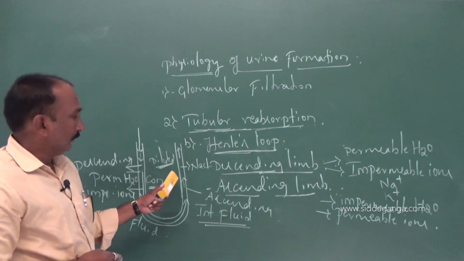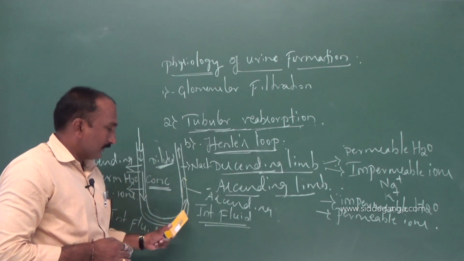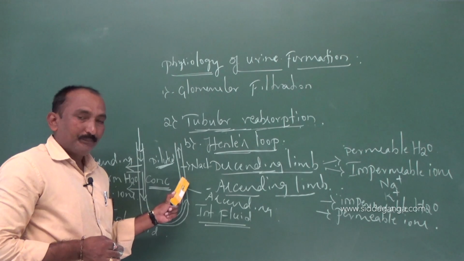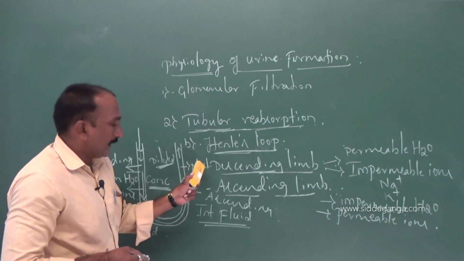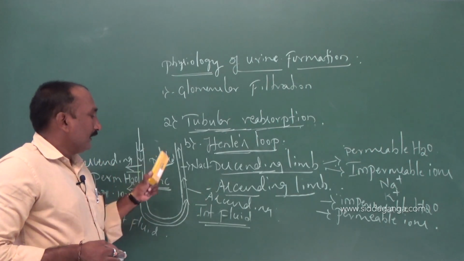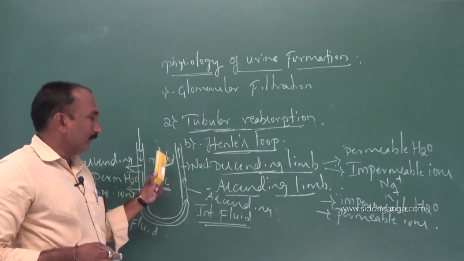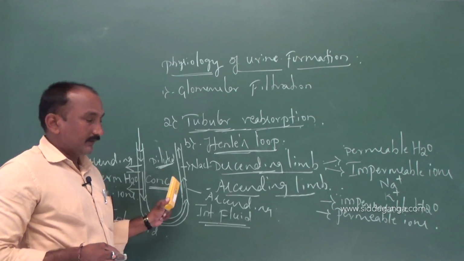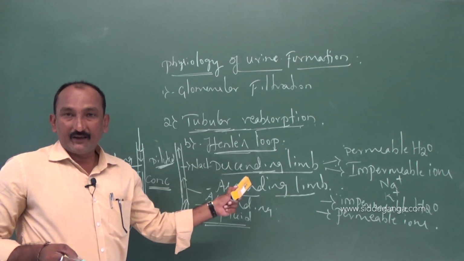Similarly, here also, while passing through the ascending limb, the filtrate loses the ions. As a result, the solution becomes diluted because the ions were separated.